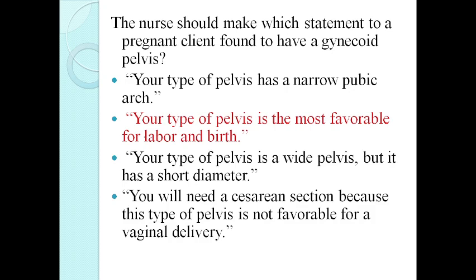An anthropoid pelvis has an adequate outlet, but a narrow pubic arch. The platypelloid pelvis, otherwise known as the flat pelvis, has a wide transverse diameter, but the anterior posterior diameter is short, making the outlet inadequate.